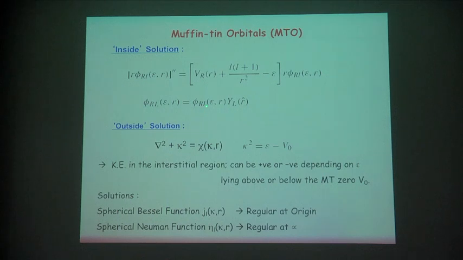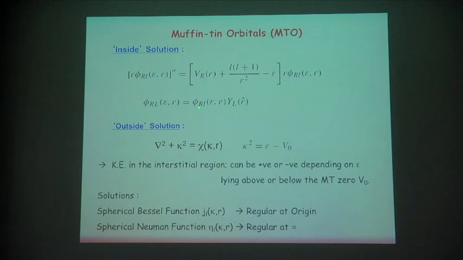Because here you see there are two things as a suffix. One is R, another is L. What is R? R is the ionic coordinate, the coordinate of the atom. And what is this L? L is the good old orbital angular momentum quantum number. There is no principal quantum number here.